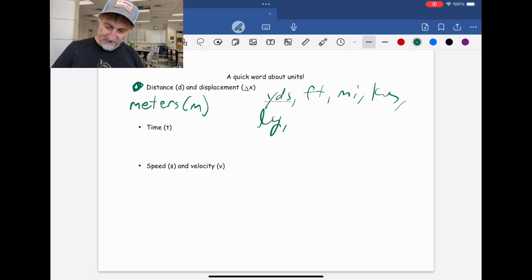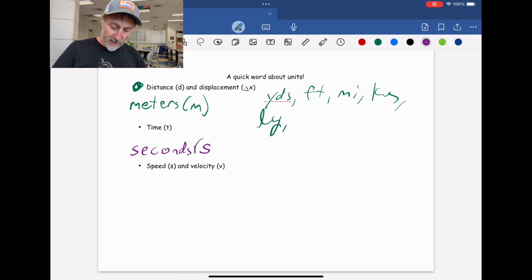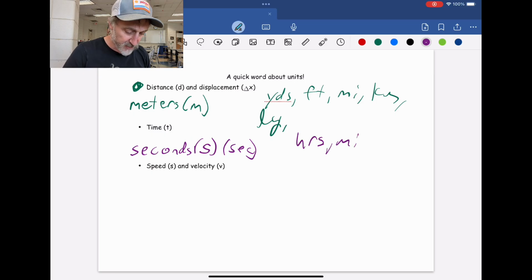And then for time, in this example, we've used seconds, which we usually abbreviate with an S. Sometimes I'll write out SEC, just in case my S looks like a 5. But again, there's nothing magic about seconds. You could certainly use hours or minutes or days or whatever.